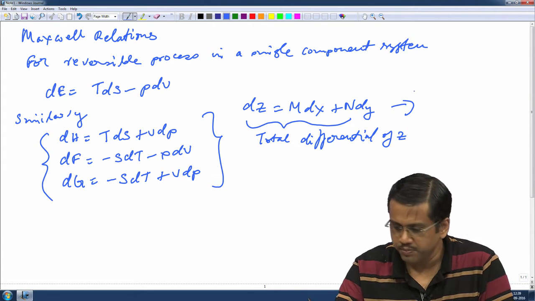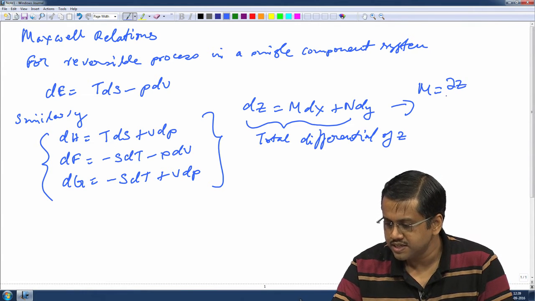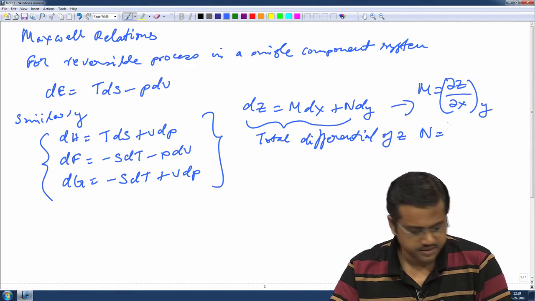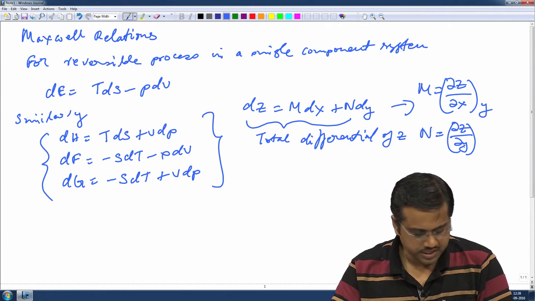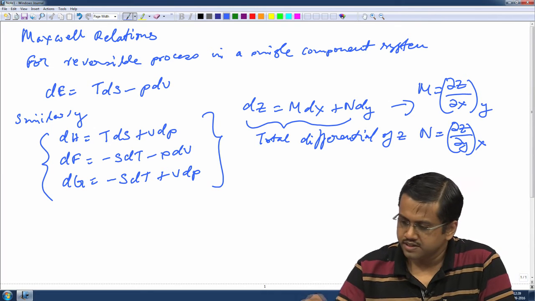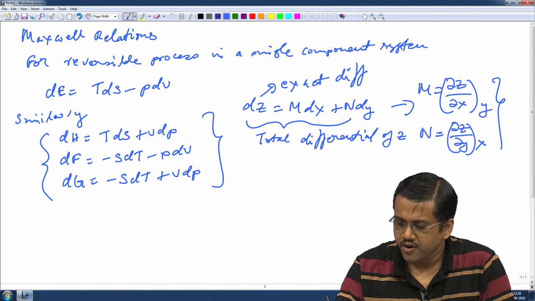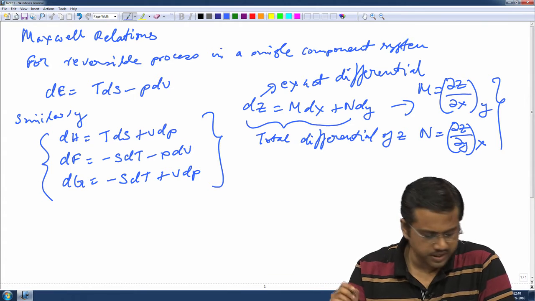If we write it properly, M can be written as dZ by dx at constant y, and N is given as dZ by dy at a given x. Remember that dZ is an exact differential.